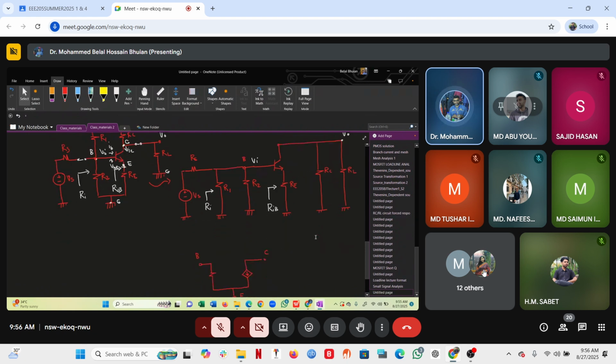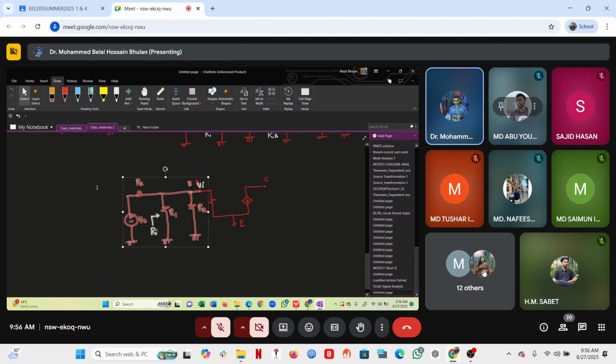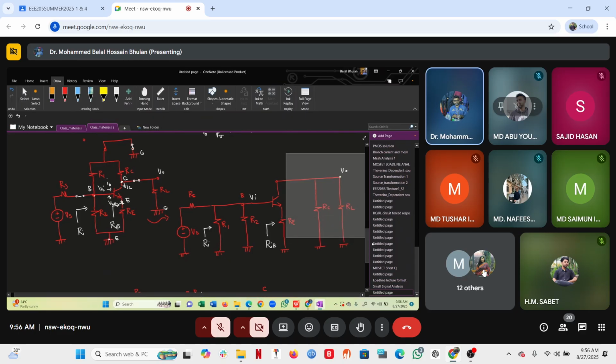The rest of the circuit I'm going to simply connect as it is. So what I can do is copy and then paste simply as there. And again, the rest of the circuit.